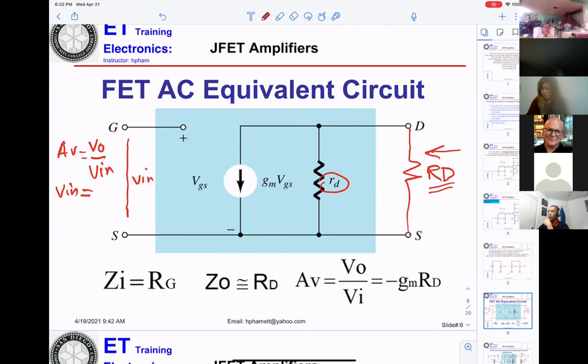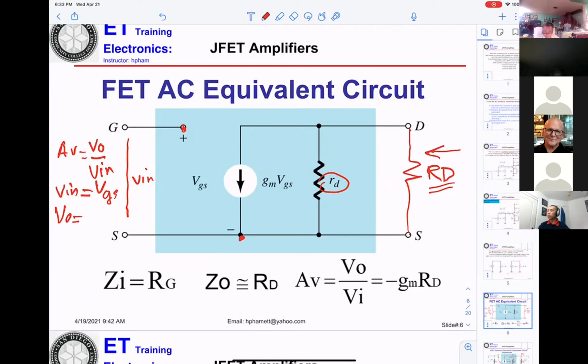Who can tell me what V in equals? VGS, exactly. That means from here to the common. That's VGS. What does V out equal? VDS.